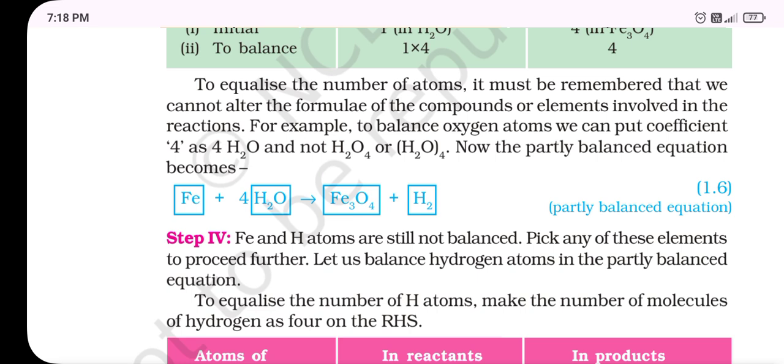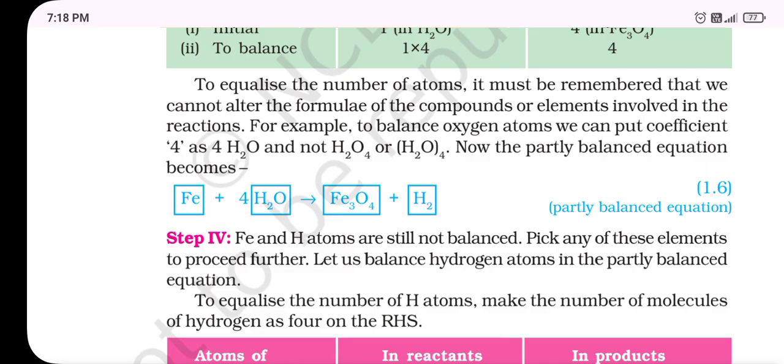So that's why we do not change that compound by putting a number on its atoms. To balance the chemical equation, we put the coefficient on the left side of whichever we are balancing.